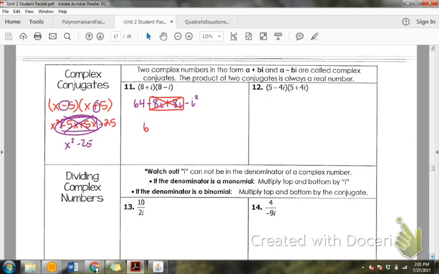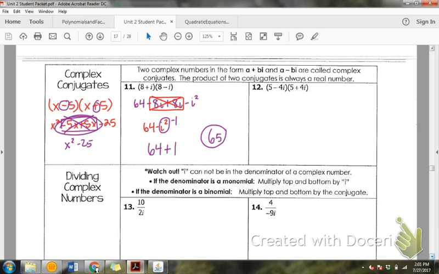So we have 64 minus i squared. But we know that i squared turns into negative 1. Negative times a negative 1 is really plus 1. So I have 64 plus 1, which gives me 65. Notice all the i's are gone from the problem. You see that?